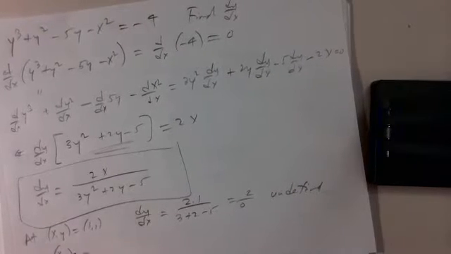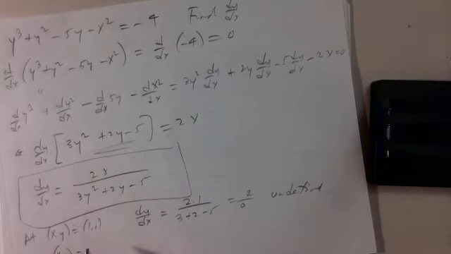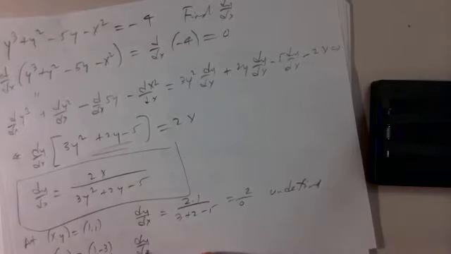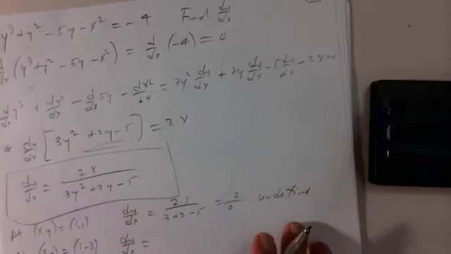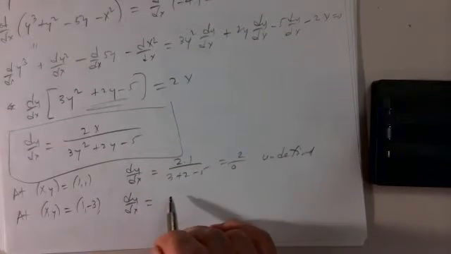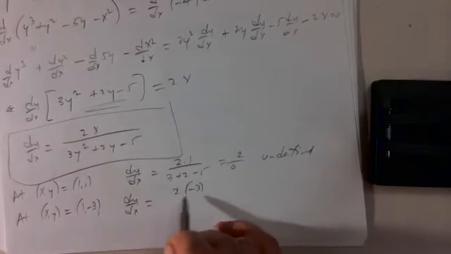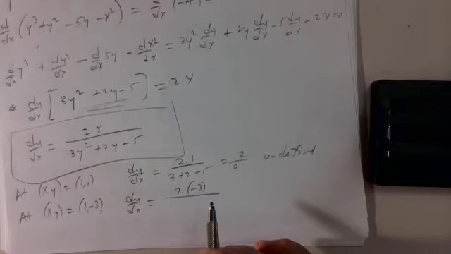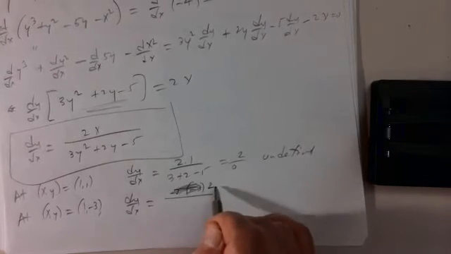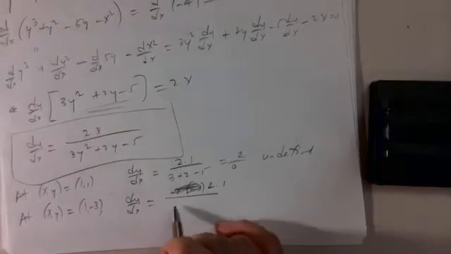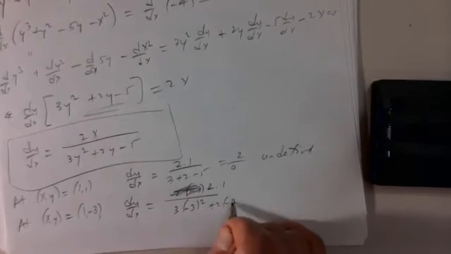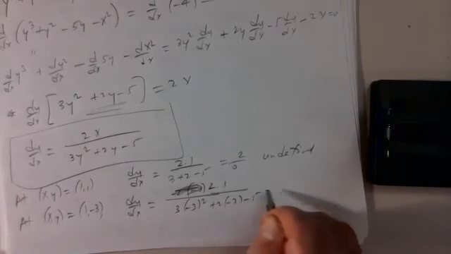But at the other point we saw lay on the curve, (1, -3), dy/dx is equal to 2 times -3 over 2 times 1 over 3 times (-3) squared plus 2 times -3 minus 5.